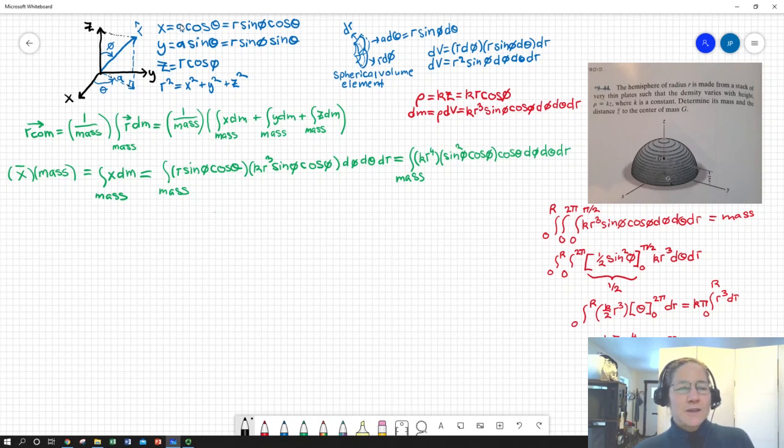So a is going to be described by r sine phi. If we look down onto the xy plane or anything parallel to it, we can define an angle theta that's sweeping around within that plane, and then we can define our x-coordinate as a function of a and our angle theta. So we can define x as a cosine theta, and we can define y as a sine theta.